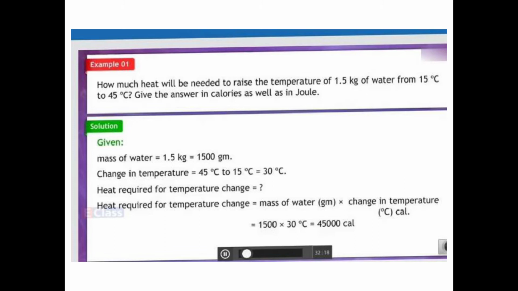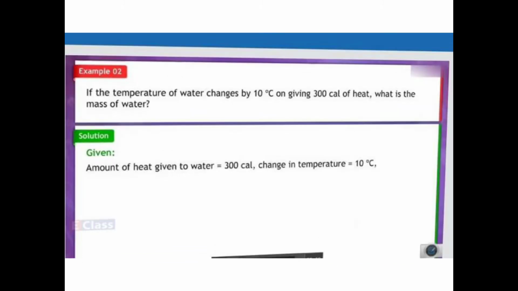Now let us go to some other example. The second question says the temperature of water changes by 10 degree on giving 300 calories of heat. आपको बोल दिया है कि टेम्परेचर 10 डिग्री का चेंज है, आपने हीट कितनी दी है 300 इसलिए. तो आपको फाइंड आउट करना कि वो पानी कितना होगा.